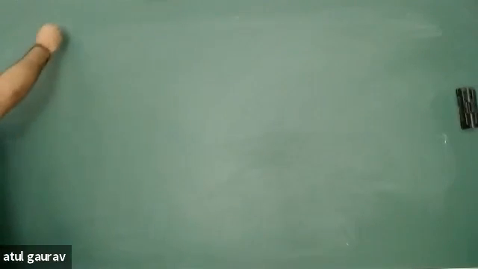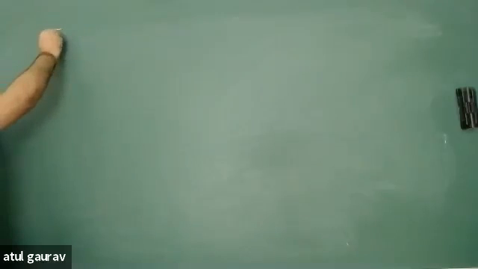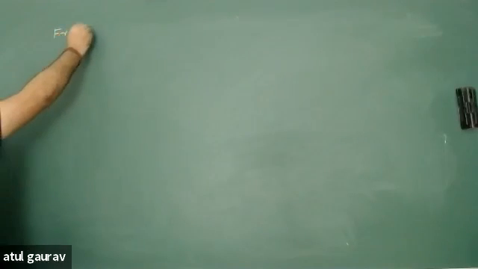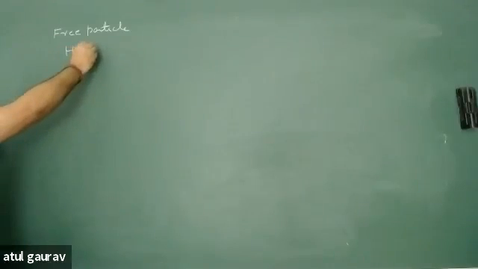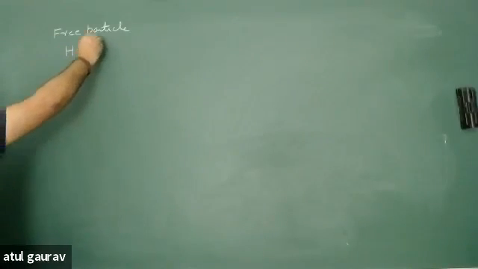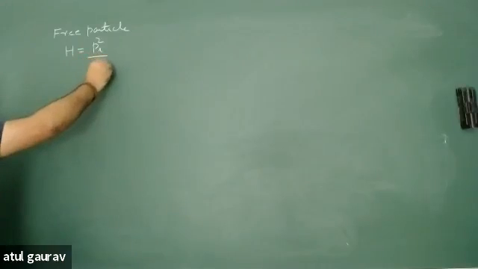So we have a free particle in one dimension. What is my Hamiltonian? The Hamiltonian for a free particle is, let's say, px square upon 2m.